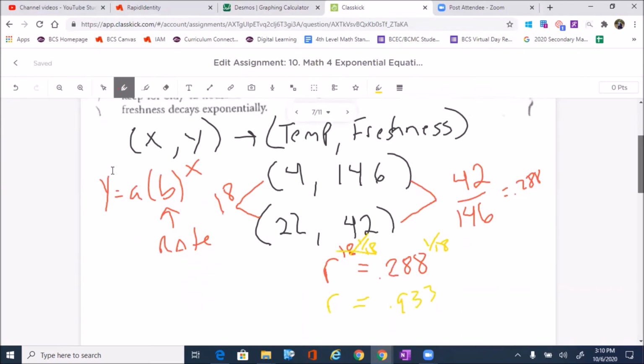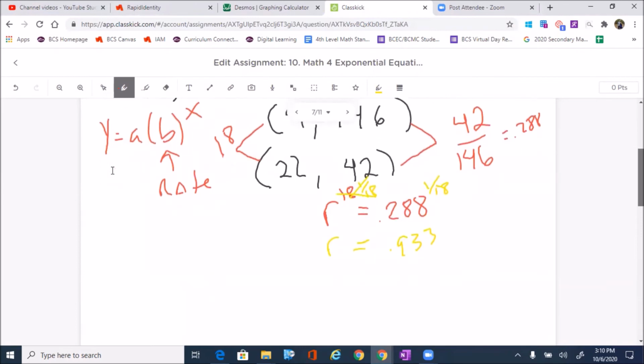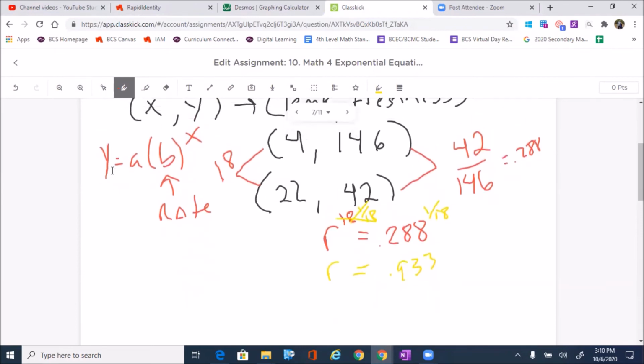Now, we can write two different equations out of this because this is point ratio. We can write y equals the original amount of 146 with our new rate of 0.933. But what we're saying is our initial has been translated 4 units to the right, so I'm going to write x minus 4 here.